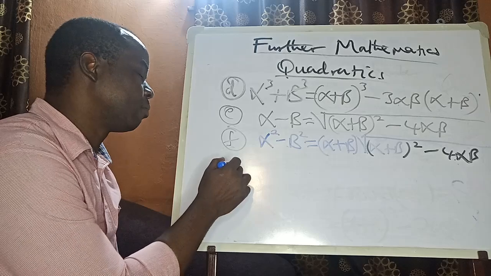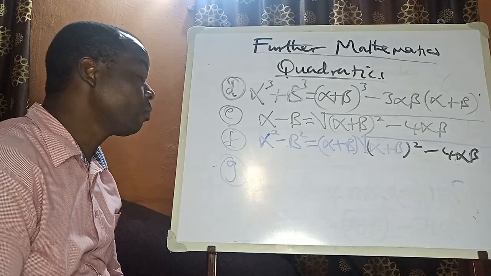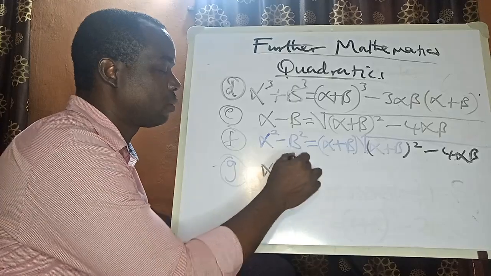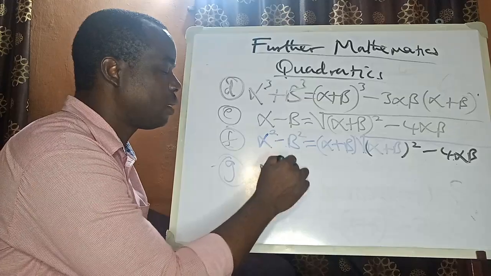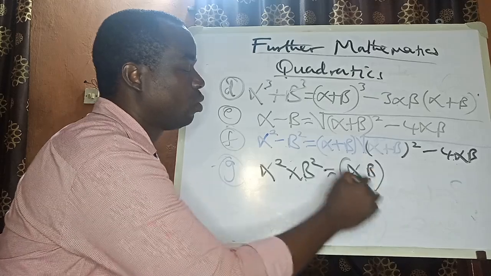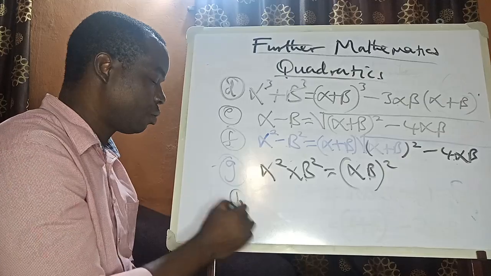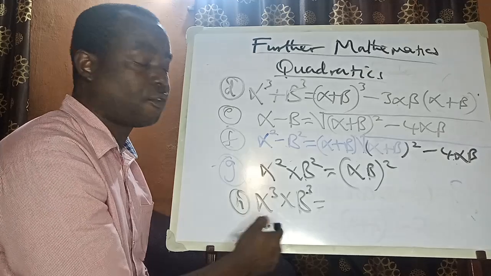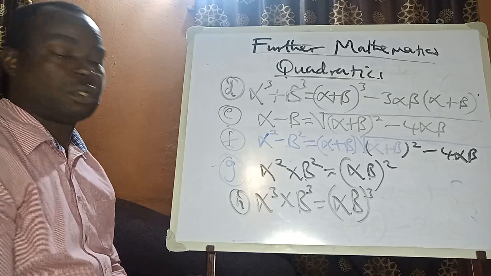We continue. The next formula we write is alpha squared times beta squared. The formula is alpha beta all squared. So make a copy of that formula. Then H, alpha cubed times beta cubed. Copy that formula. The formula is alpha beta all cubed.